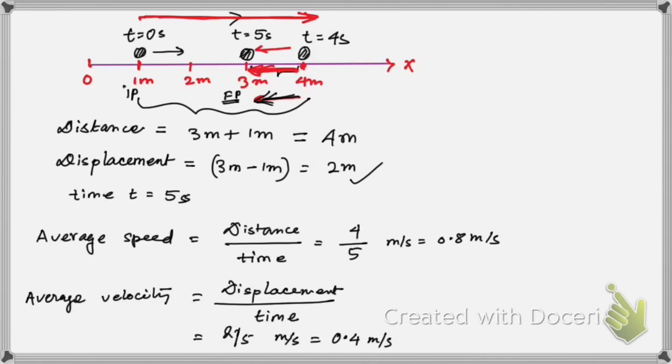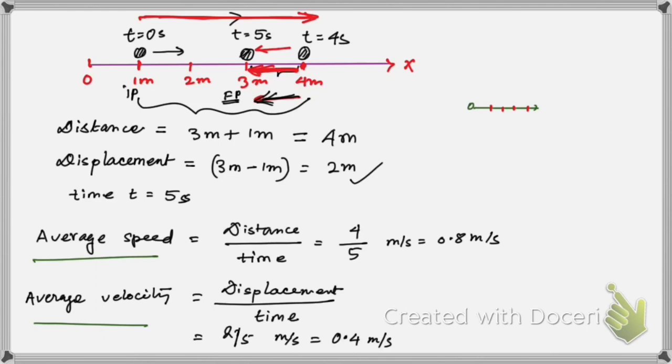Now you see, what do you mean by average speed and average velocity? Suppose this object is moving in a particular direction, right? It is not necessary that its speed and velocity will be constant at every instant of its journey, right?